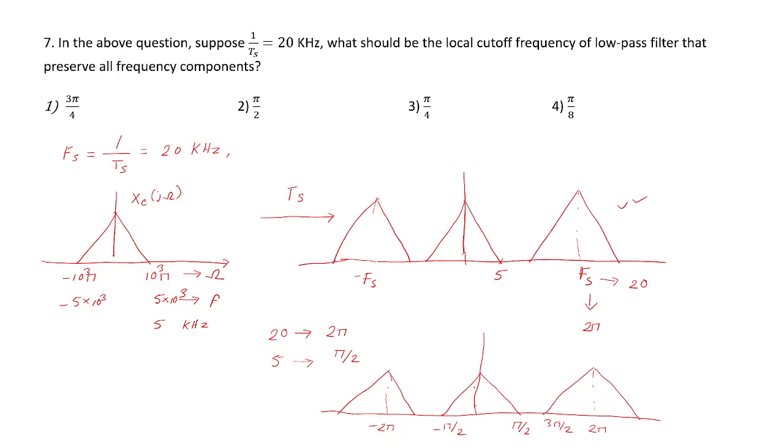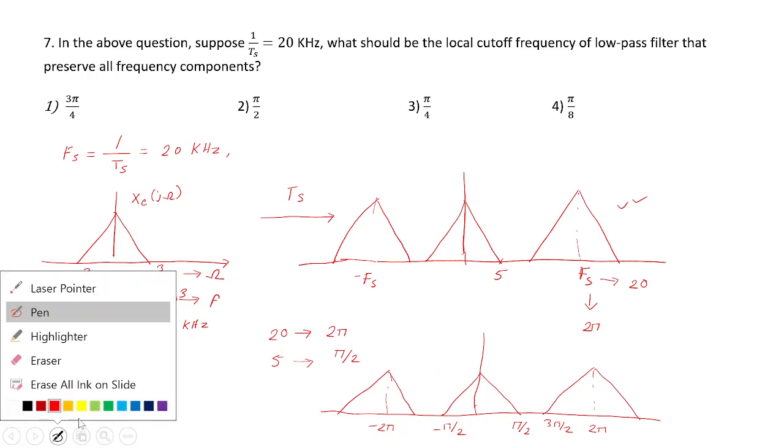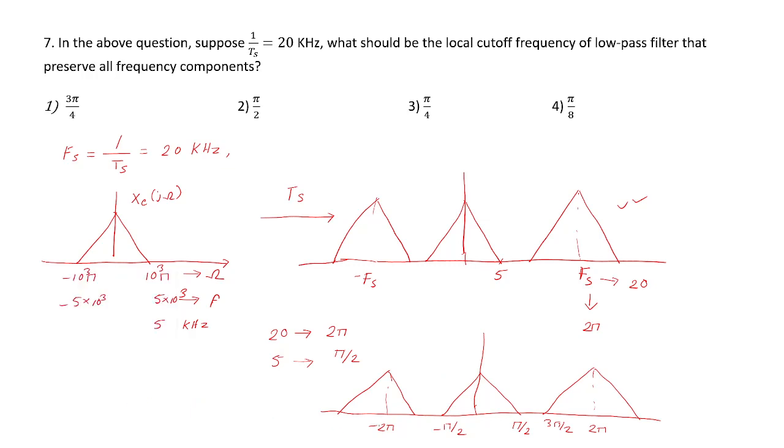Now suppose I design a low pass filter, which is denoted in blue ink like this, sorry for the messy drawing, which goes from minus pi by 2 to pi by 2. That is, this low pass filter allows all frequency components below pi by 2 and cuts off the rest.